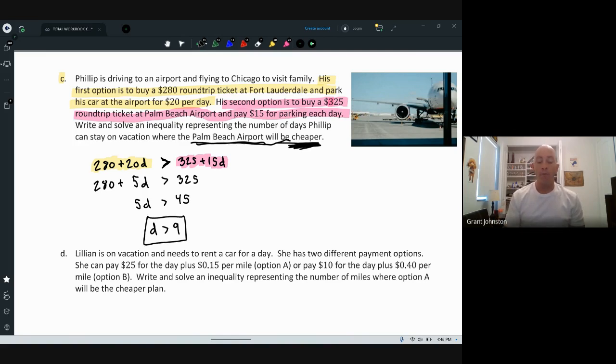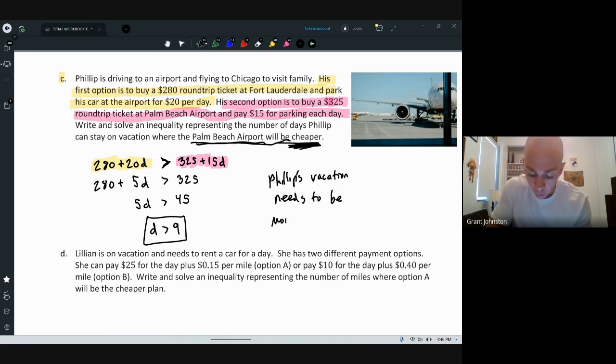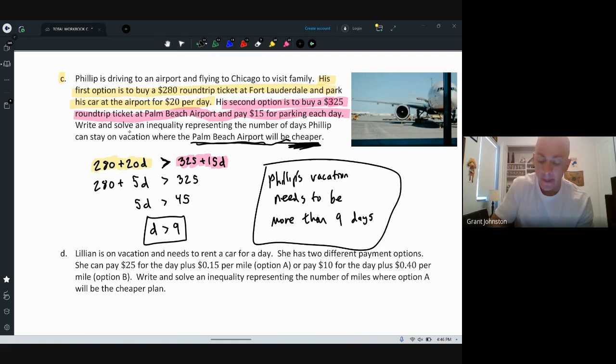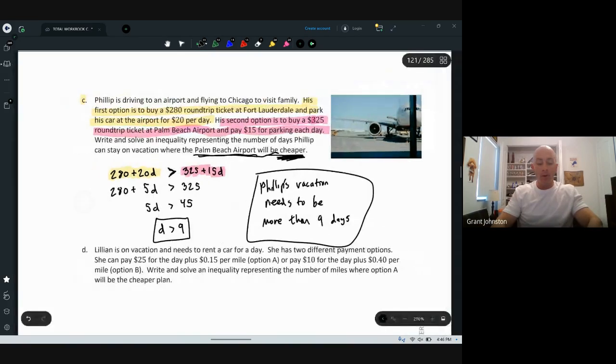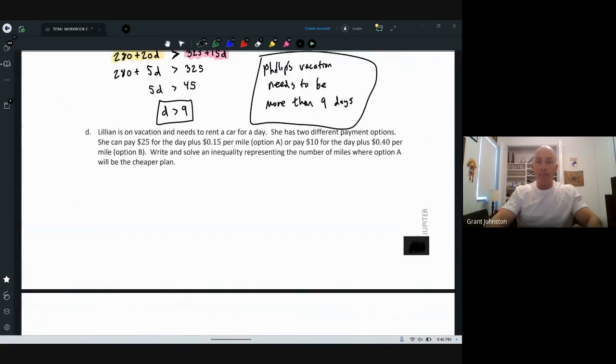So for Palm Beach to be cheaper, Phillip's vacation needs to be more than 9 days. That's for Palm Beach to be cheaper. I could have written that in my sentence, but I was going to run out of room. Okay. All right. You do the rest.